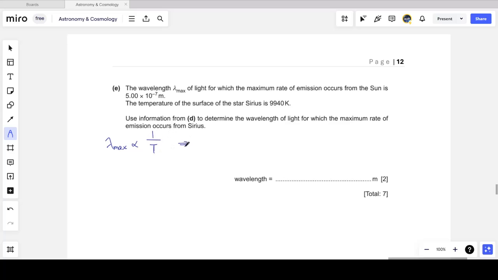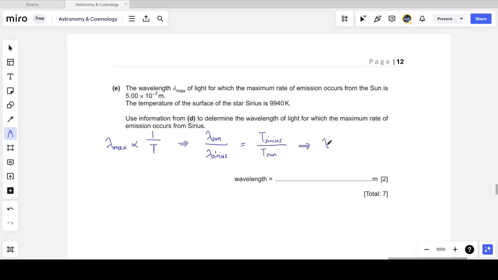That means we can again use ratios: the peak wavelength for the sun divided by the peak wavelength for Sirius is the inverse ratio for temperature. So it's the surface temperature of Sirius divided by the surface temperature of the sun.